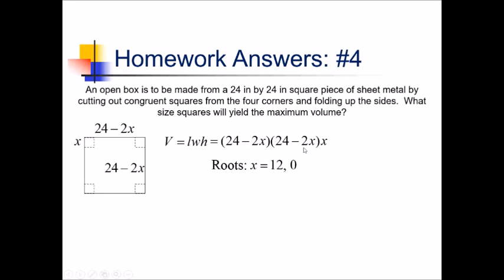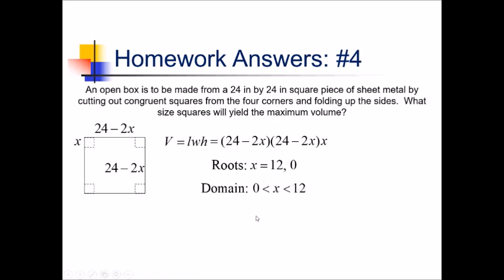Same thing with the second parentheses. And if x equals 0, that zeroes out this x, which zeroes out the whole volume. So if I plug in 0, I've got a height of 0, a volume of 0, and that's no good. If I plug in 12, if that's the length of the squares, then I've used up this side and also this side, and I again have a volume of 0. So my domain has to reside between 0 and 12.